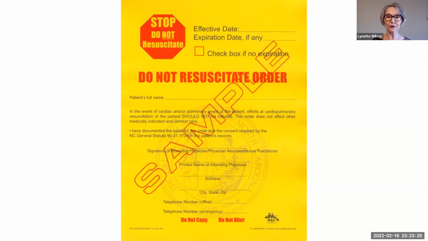It's not an order to withhold all treatment from a person. It only talks about CPR or cardiopulmonary resuscitation, those procedures that are implemented when a person has no pulse and is not breathing. For this form, there can be multiple originals.